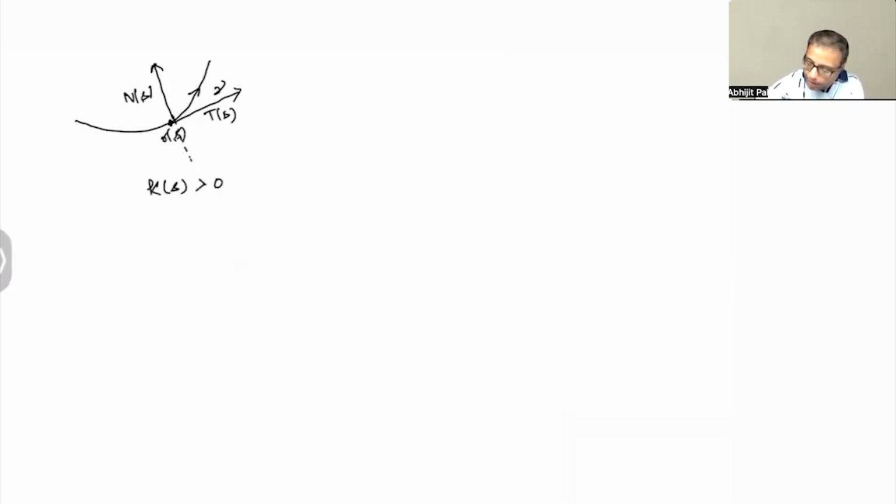Okay, and now suppose you have this curve, and the orientation is given in this way. This is my gamma, and at this point gamma s, this is my tangent vector. You are rotating anticlockwise by a 90-degree angle, so we get this unit normal vector.